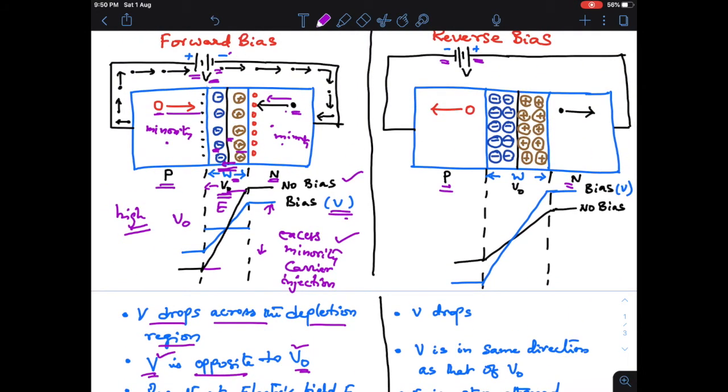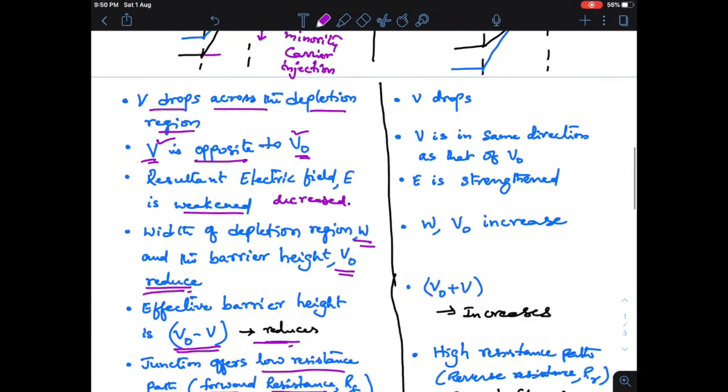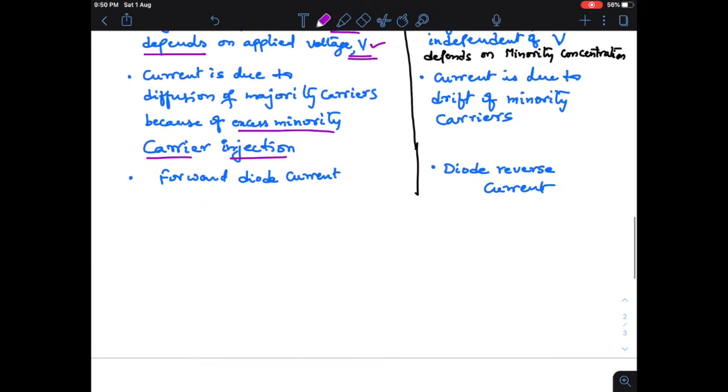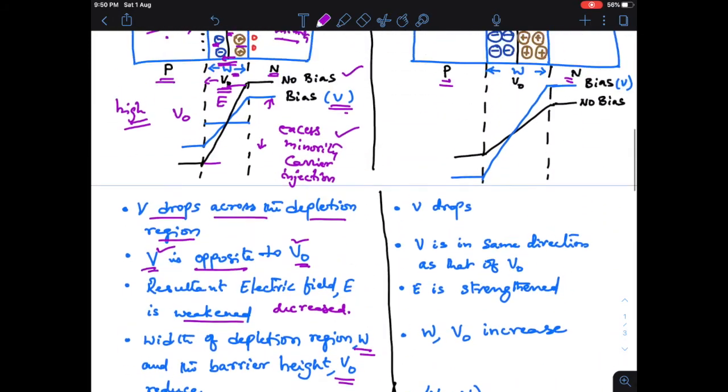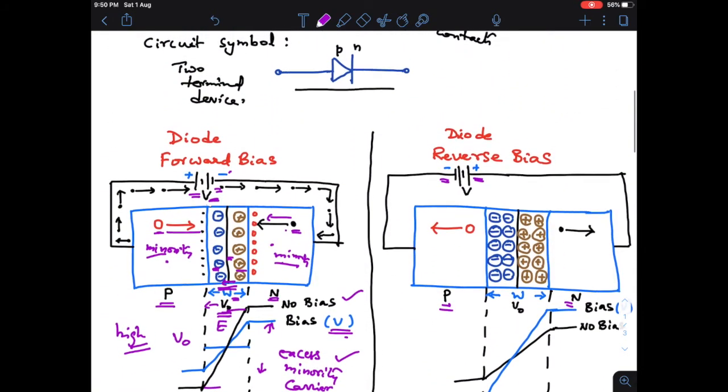Because electrons from N side reaching the P side will become the minority. Holes reaching from P side to N side will become the minority. So because of that, there is a current due to diffusion of majority carriers due to excess minority carrier injection.